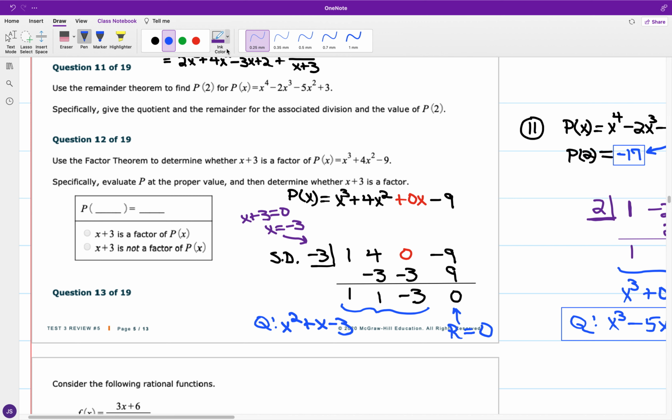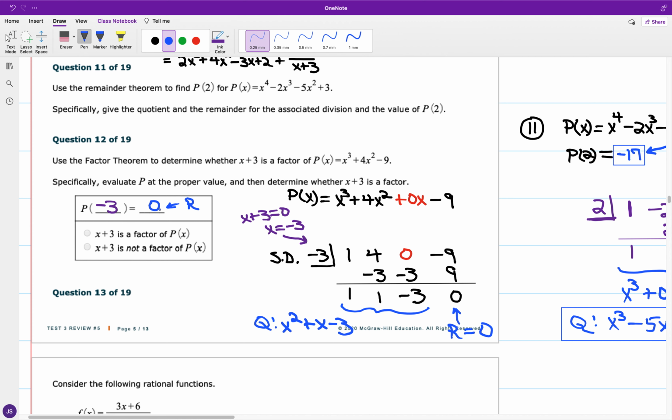So for what we'll have in terms of filling in the blanks, you have p of what, and that's going to be p of the 0 of the divisor x plus 3. So that is going to be negative 3. And again, with the remainder value at 0, p of negative 3 is going to be equal to 0. But you have to be the remainder.